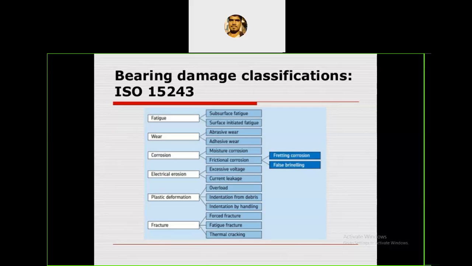The next type of wear is erosion wear. Erosion wear means that because of a chemical reaction in the lubricant, it slowly and continuously loses the surface. Some of the hard particles in the lubricant hit the surface and create scratches or indentation.